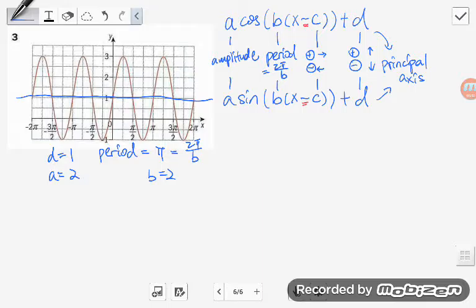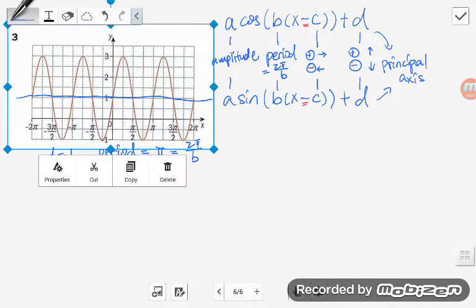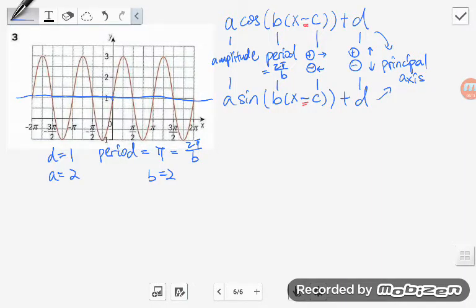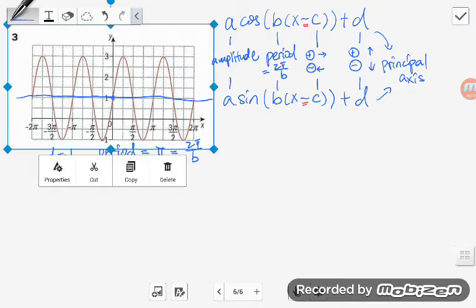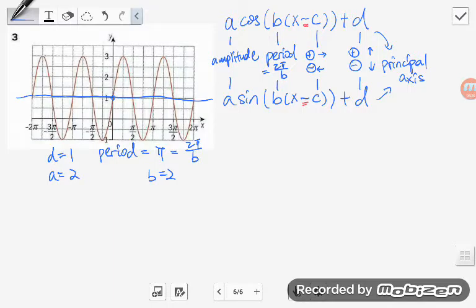There's one point that is very useful, which is that point right there. In terms of a sine graph, there's no horizontal shift, so my C is equal to 0, because a sine graph starts there.